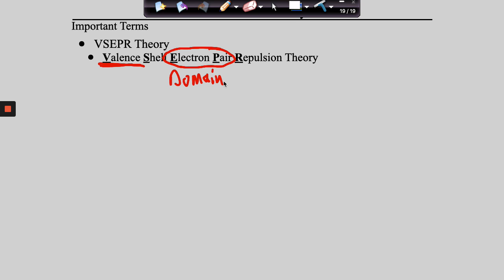So the valence shell electron pairs are the domains. Well, what do they do? The answer is they repel. Because we're talking about electrons, we understand that electrons are all negative and like charges repel. And as a result, all VSEPR theory says is simply that electron domains repel each other.